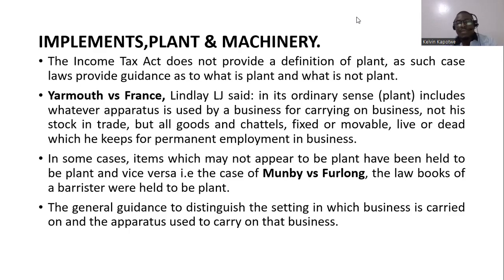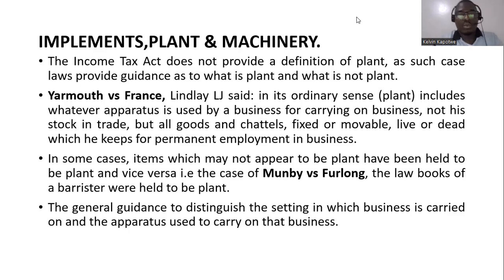So for example, I am an accountant, and in an event that at some point Virtuous Tax Corporate Services becomes a registered firm with the Zambia Institute of Chartered Accountants, and I happen to be the managing partner of this accounting firm. At that point, maybe my books, the materials, the standard books may be considered as plant because I'm employing them in offering a service to businesses in the preparation of financial statements, or offering audit services.